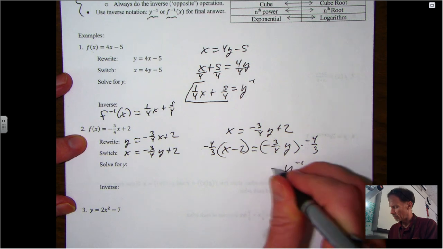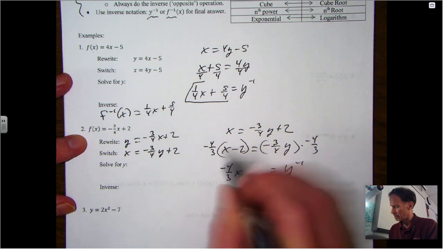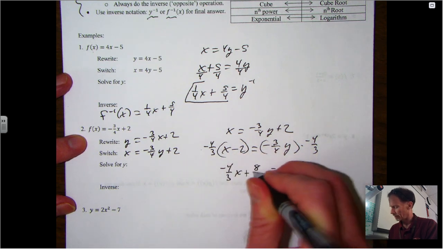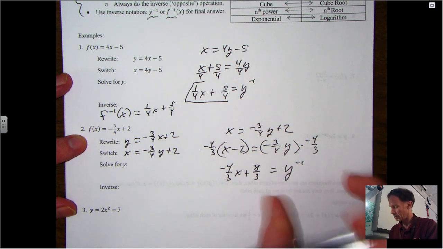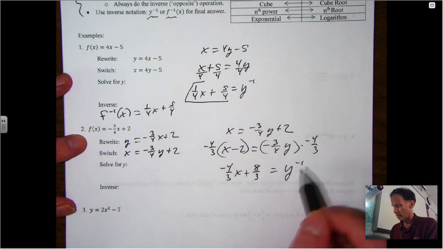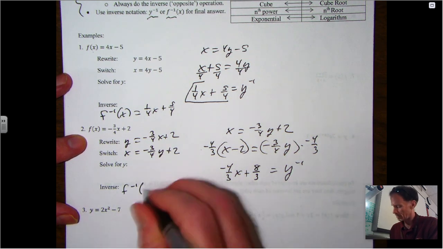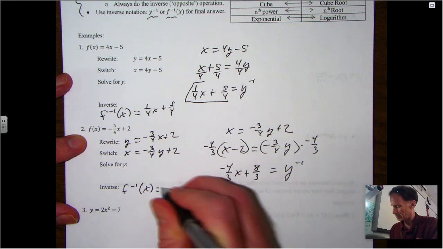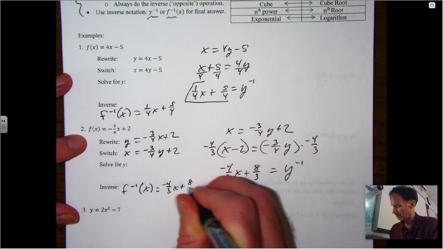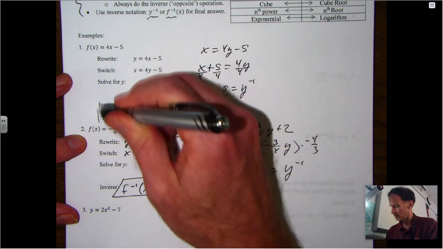My y is going to be by itself now, so it'll be -4/3 x plus, if you multiply that across, 8/3. Okay, and that's my answer. I can leave it as y inverse, but it's probably best to use function notation if you start with function notation. So f inverse is equal to -4/3 x plus 8/3. And that'll be your inverse.